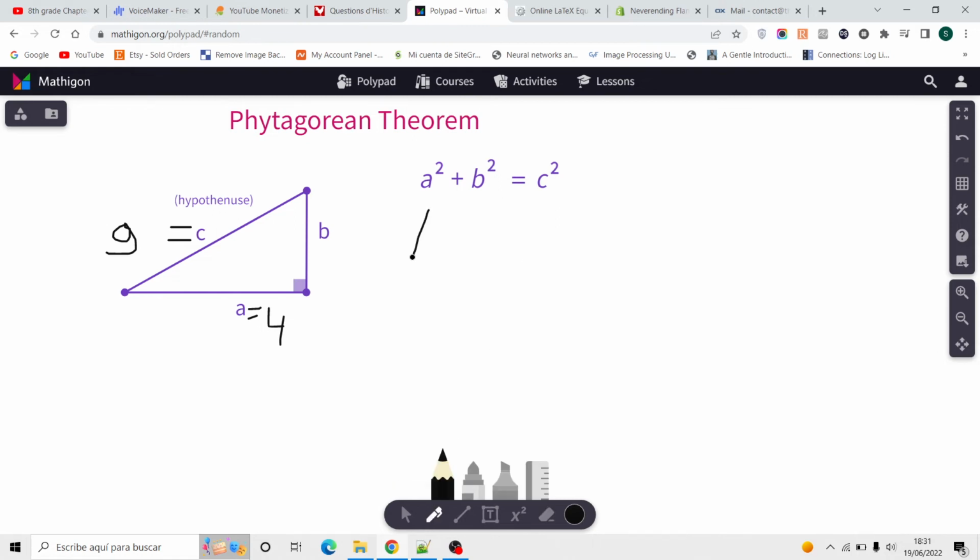So we have 4 squared plus b squared equals c squared, which is 9 squared. Okay. So again, we have a simple equation here. So let's calculate b.